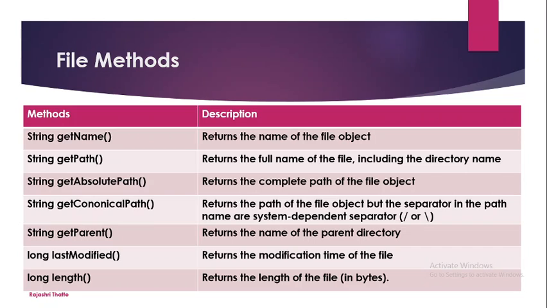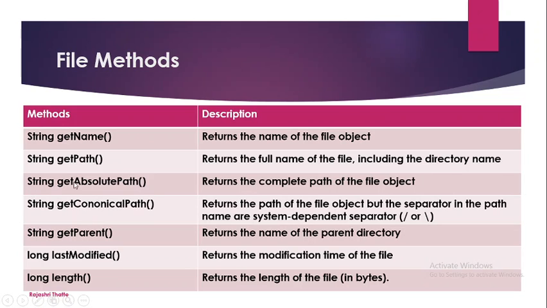Whatever file we have referred to is stored under some directory, so the file has some path. D colon, BCS, under that we were referring to abc.txt. If we want to know the path of our file, we can use this method getPath. It returns the full name of the file including the directory name.